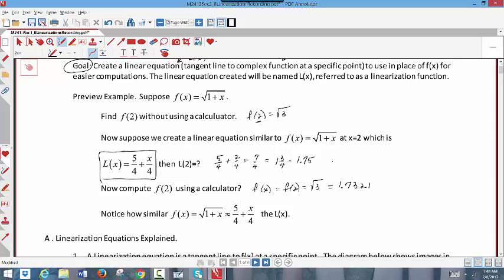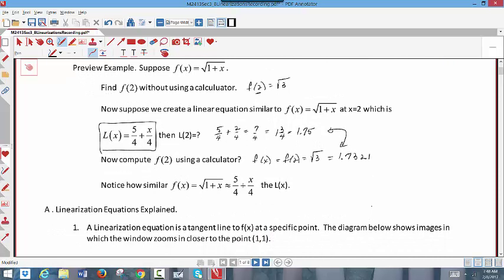So you can see we didn't do too bad a job of coming up with that value using a linear function. Notice how similar the original function f of x is to this linear function, which is really the equation of the tangent line at the x value of 2.